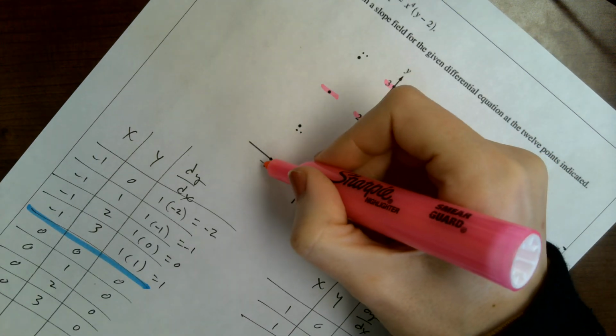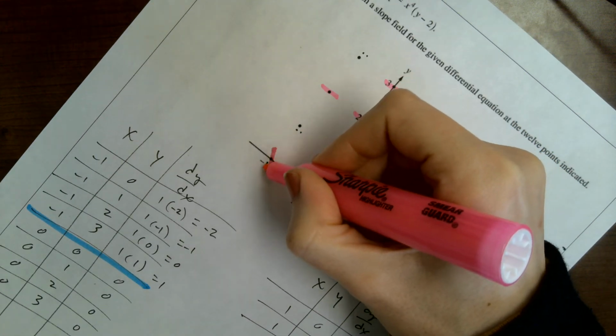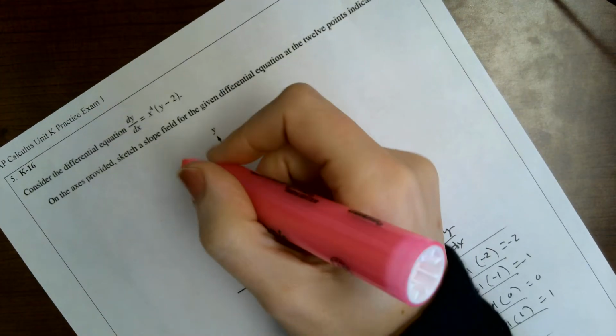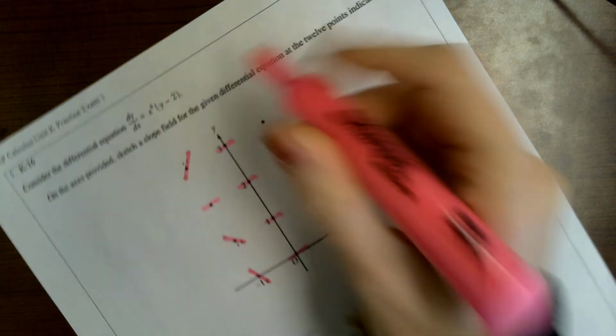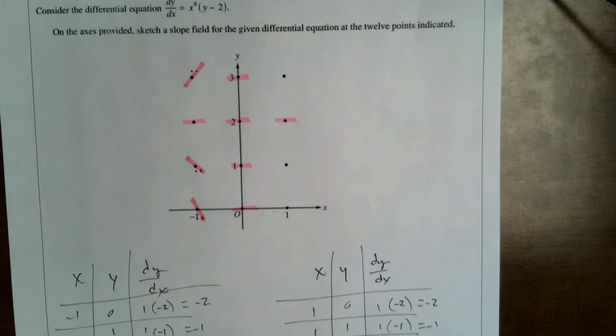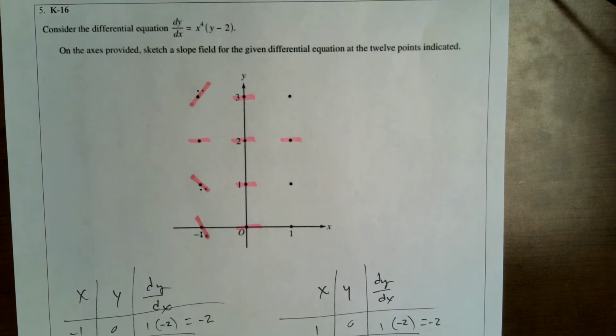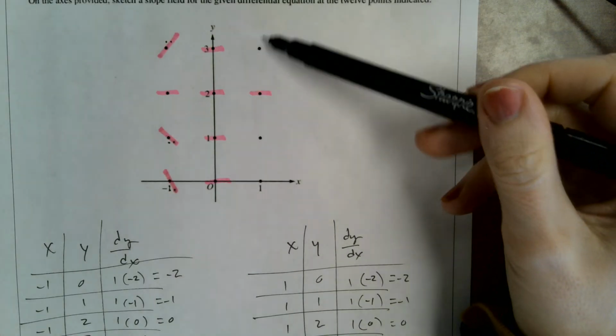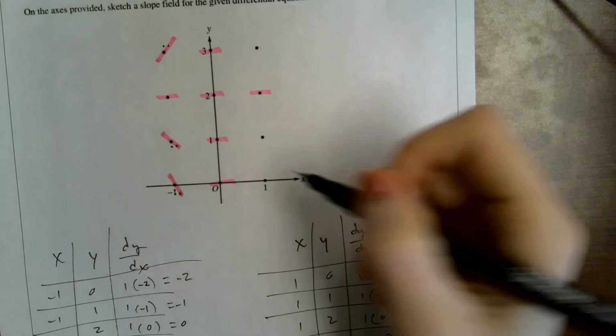So here I go from my last dot through the given dot. And it will give you a pretty accurate, approximate steepness. Okay, now I'm going to do these slopes on these points. And they're actually kind of repeating.